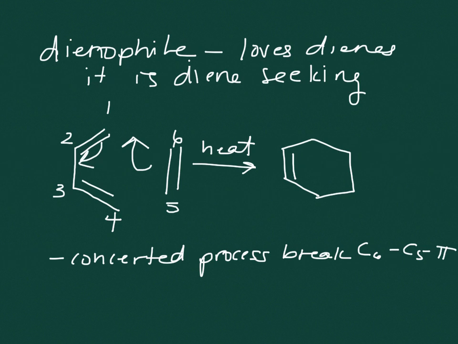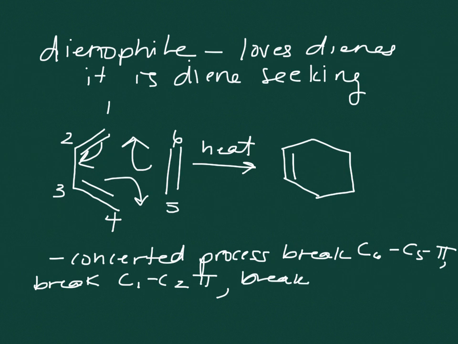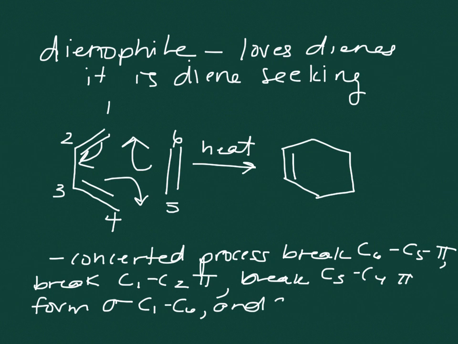We're going to break the C1 C2 pi bond, and then we are going to break the C3 C4 pi bond. When we do this, we form a sigma bond between C1 and C6 and C5 and C4, and a pi bond between C2 and C3.